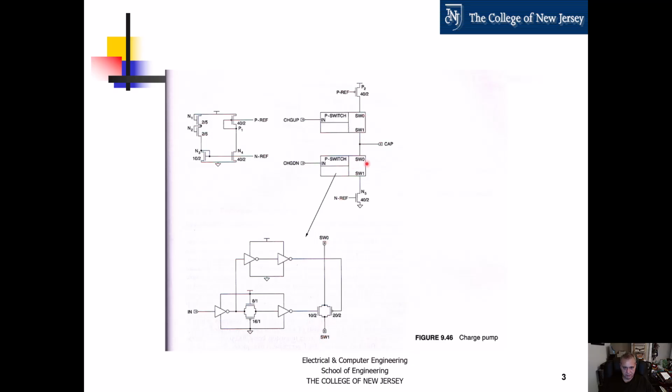You can see them here. And here you're generating the control for the transmission gate, with some capacitance between these two inverters to generate some delay between the two signals.